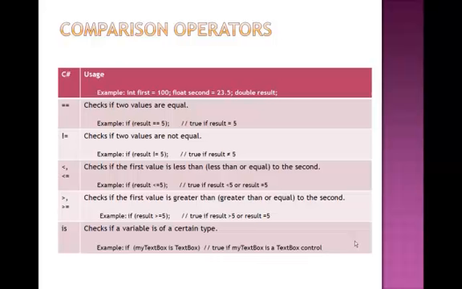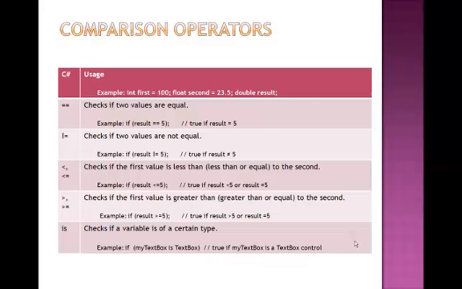So if I say if result equal 5, that means that if the result variable of the operations that I had previously done is 5, then the comparison evaluates to true, otherwise it evaluates to false.